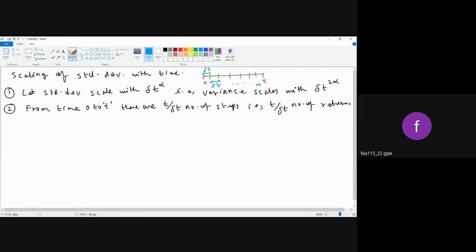Because for every time step, I can calculate a small return, isn't it? I'm moving from one time step to the next, then from this to the next, and so on. So over those intermediate time steps as well, I have some form of return which I can calculate, because I am making very, very small time increments. Accordingly, my asset is also evolving.